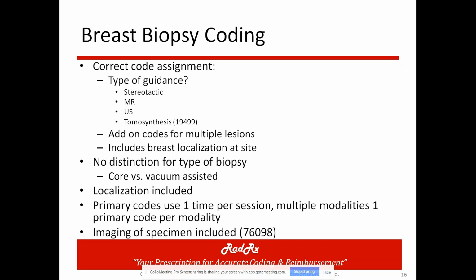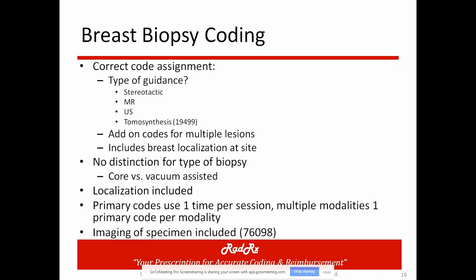I can remember always doing sessions on breast biopsy coding and providing coders with a list of buzzwords and clues, if the physician didn't label clearly the type of biopsy, to be able to arrive at that. But now it's just based on the type of guidance and then the number of lesions that they are biopsying.